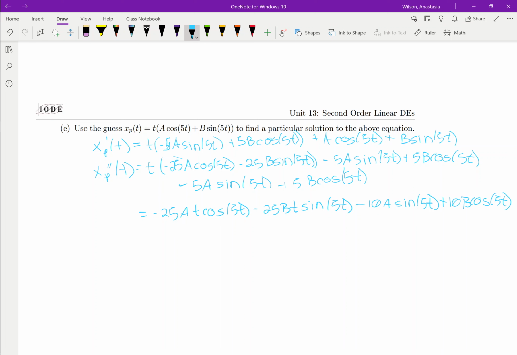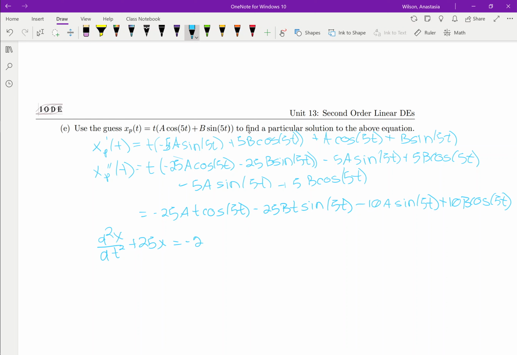That's our second derivative. If you recall, our differential equation is d squared x over dt squared plus 25x. The left side of it is anyways. The right side of it involves a cosine of 5t. So we'll take what we have for our derivative and our original function, and we'll substitute it in here for our second derivative.